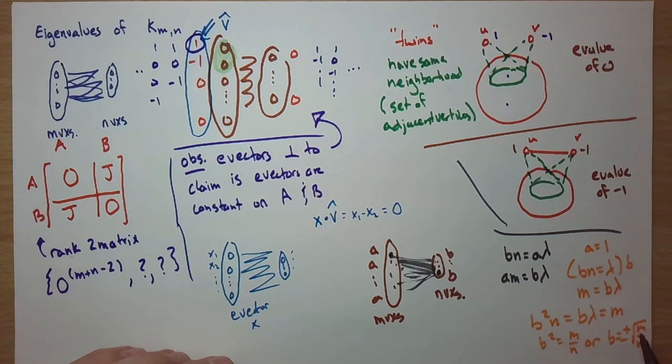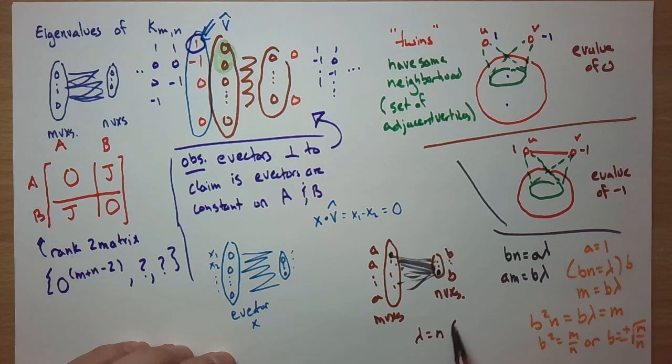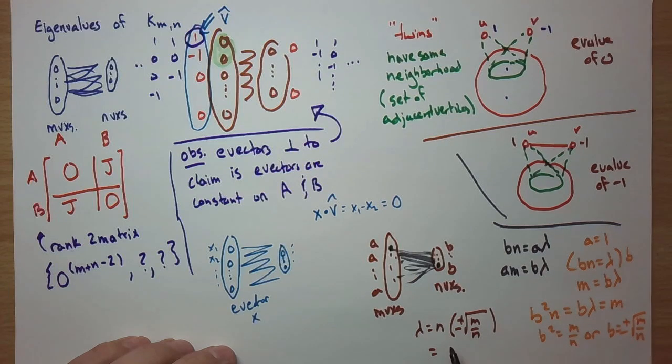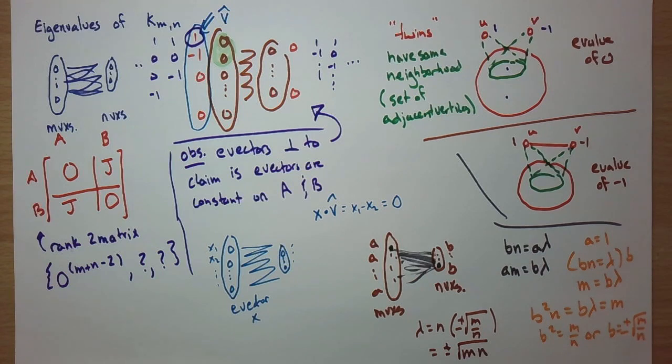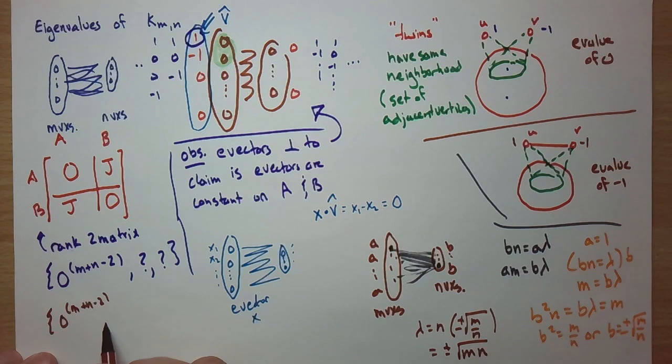But now I know b, so I plug it in. So lambda is n times b, which is plus or minus n times the square root of m over n. And if you clean that up, it becomes plus or minus the square root of m times n. So these are our last two eigenvalues, and the eigenvectors are spelled out here. A is 1 and b is plus or minus the square root of m over n. All right. So that's cool.